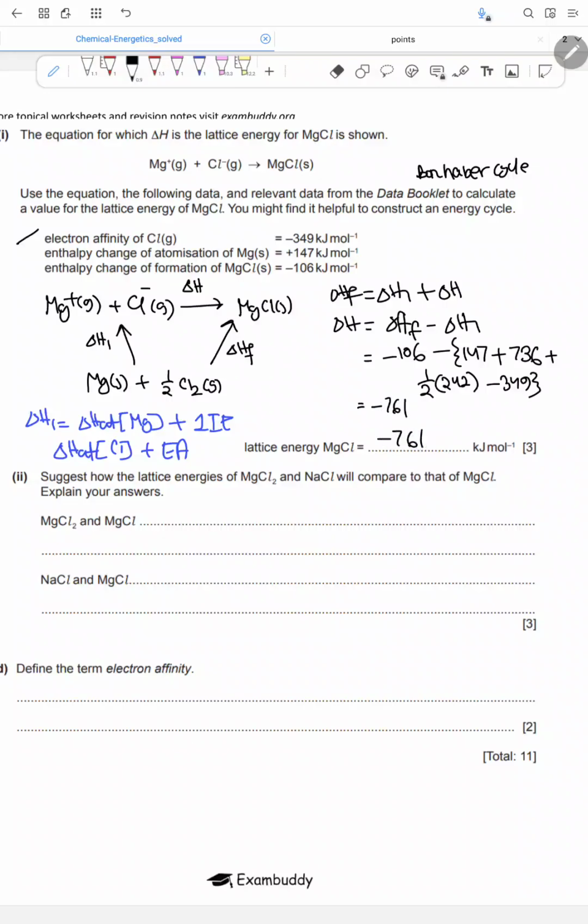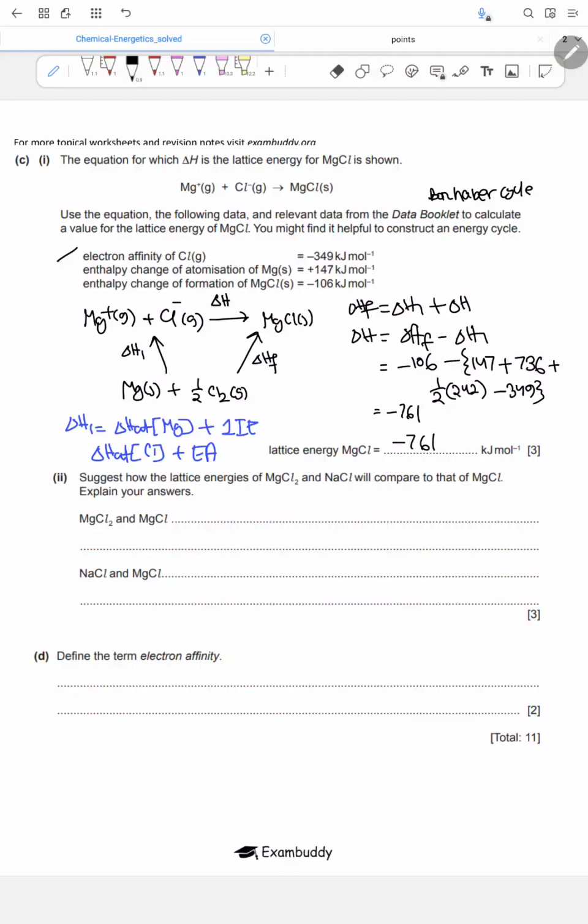Now suggest how the lattice energies of magnesium chloride and sodium chloride will compare to that of MgCl. Explain your answers. Now you can see that chlorine is a relatively larger anion, right?